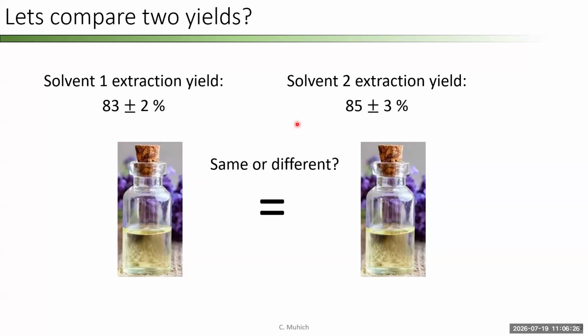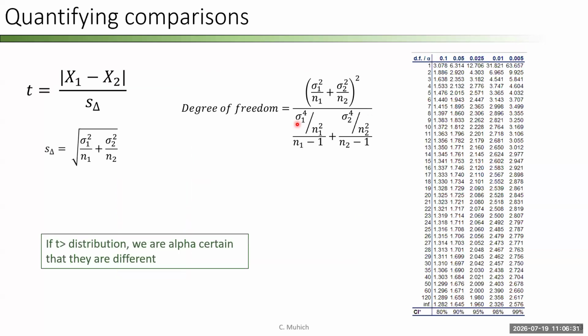So we can actually compare two different yields. What we do is we go back to our t table, the student's t distribution, and we do a few different calculations. First, we see what is the difference in the measured averages divided by this effective standard deviation.